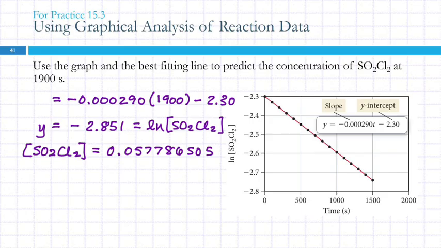Another way is to say, well, instead of just calling that y, that's the natural log of SO2Cl2. And you could type this into the number solver on your calculator and put x in for that, put x into the equation and let the calculator solve it for you.